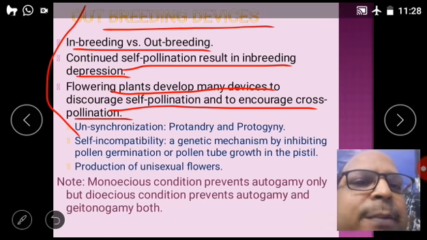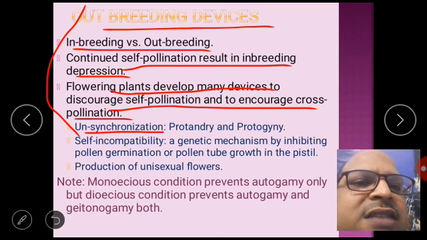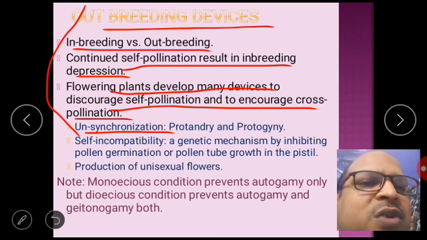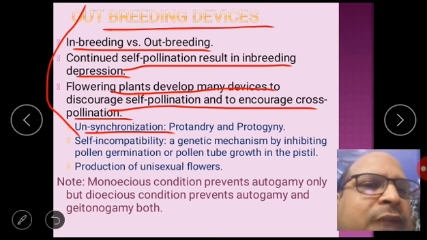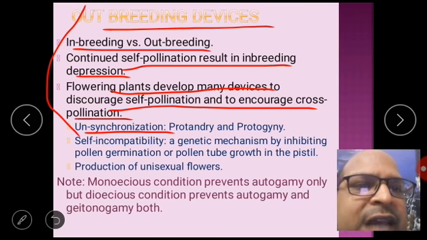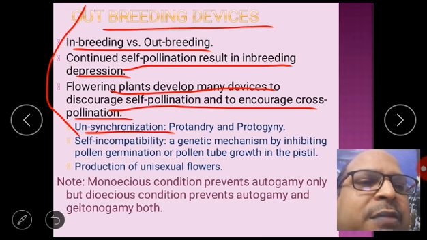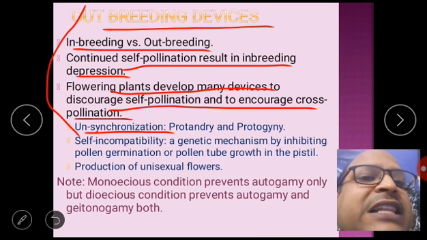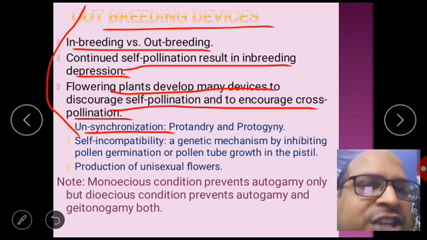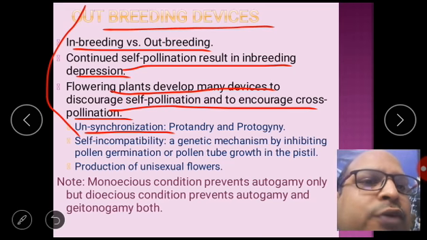Number one device is asynchrony. Asynchrony means that the anther and ovary do not mature at the same time. Suppose the anther matures early and the ovary is not ready.